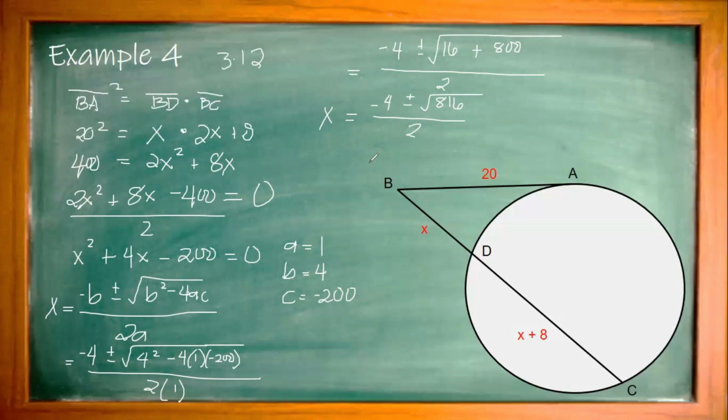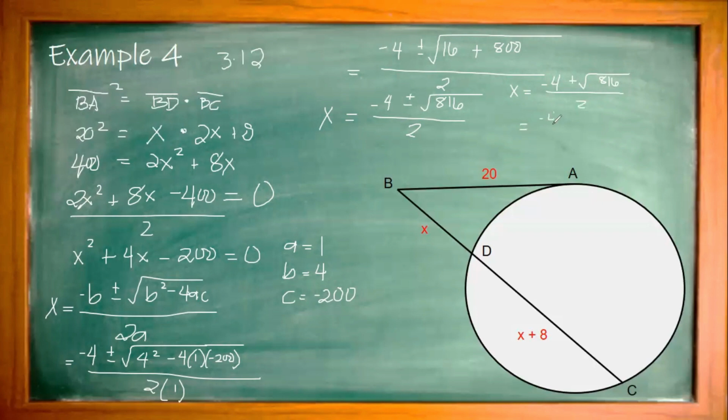So we have two values of x. Now we will get its simplified answer to a decimal point. Let us start using the positive first, and then all over 2.